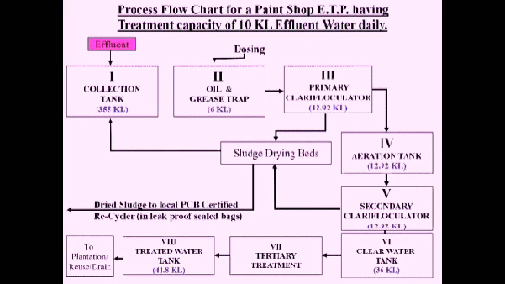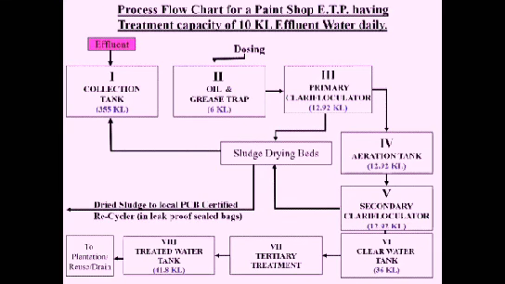In the collection tank we have aeration, as we had seen in the simulation, or we can put a stirrer if the collection tank is of small capacity, to make a homogeneous solution, because you have suspended solids and dissolved solids also. You could be having oil also in the effluent. So to have a homogeneous solution before treatment, you need to stir it, either through a stirrer or through bubbles generated by compressed air.